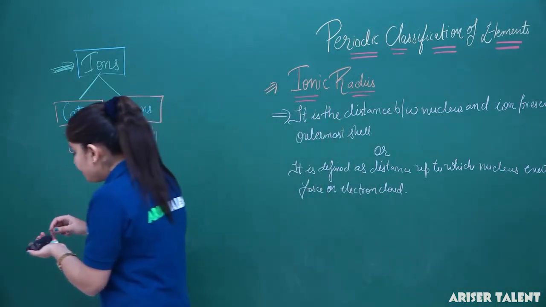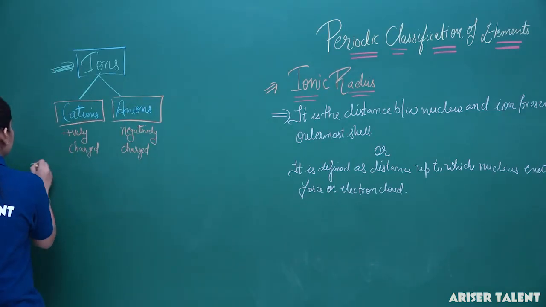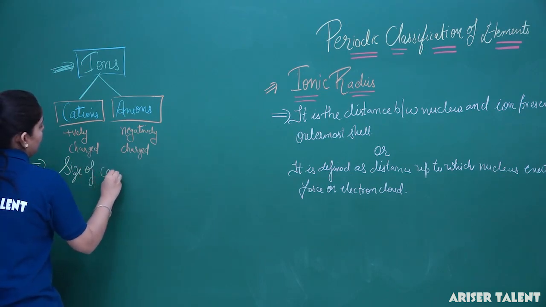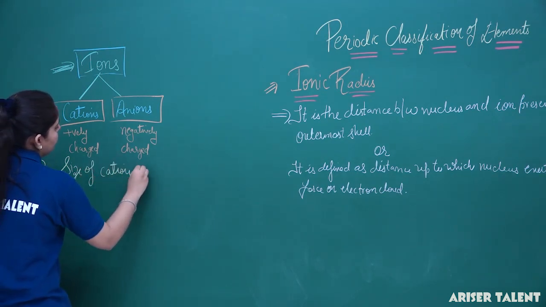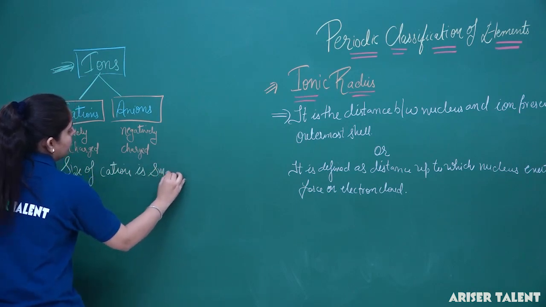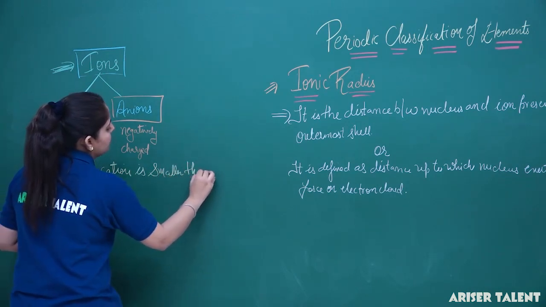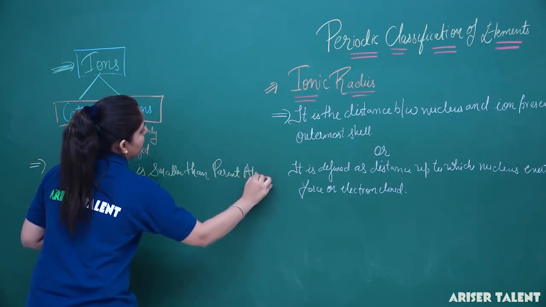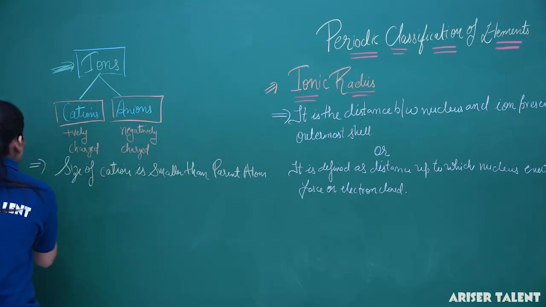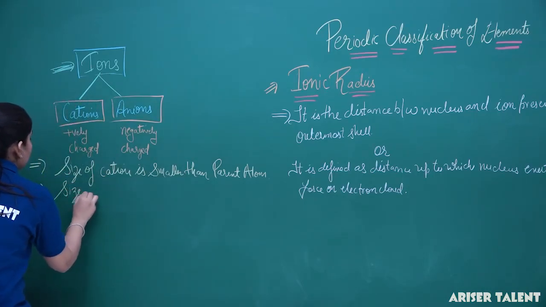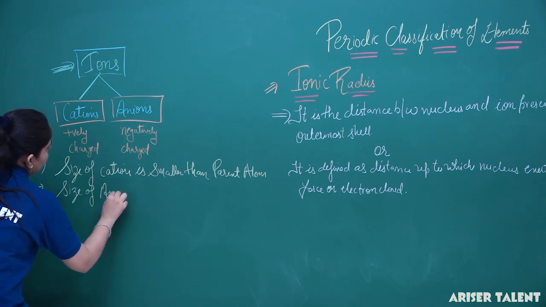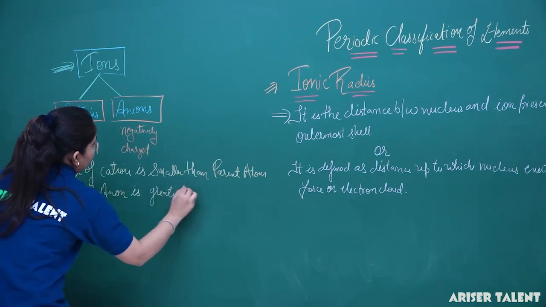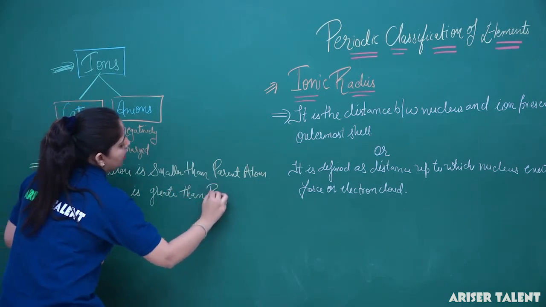So we can draw two more conclusions from here. The size of a cation is smaller than the parent atom, and the second conclusion is that the size of an anion is greater than the parent atom.